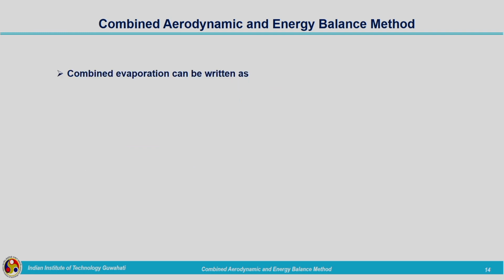So combined evaporation can be written as E is equal to alpha multiplied by delta divided by (delta plus gamma) ER. So what is alpha then? Delta is the gradient of the saturation vapor pressure curve, gamma is the psychrometric coefficient, and ER is the evaporation due to net radiation.